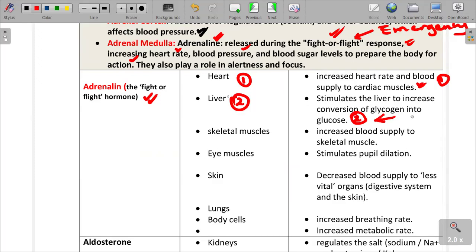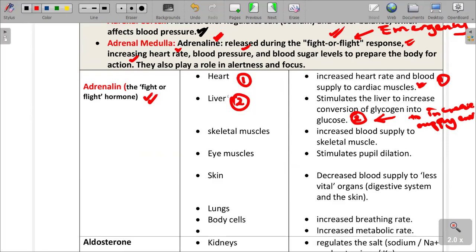In order to increase the supply of energy. That is one thing that you need to understand there. It increases the supply of energy.